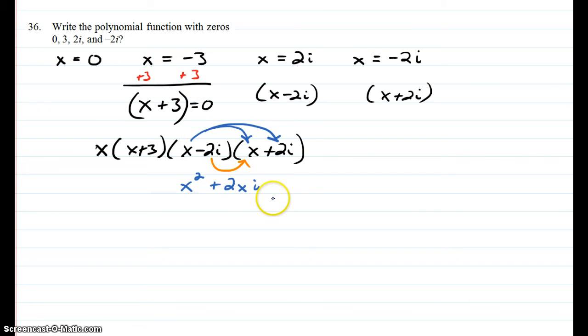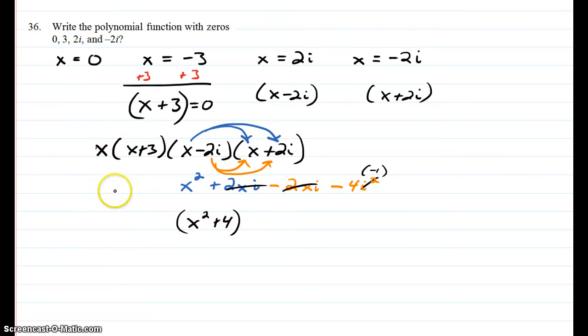So now we're going to have a negative 2xi, then a negative 2i multiplied by 2i gives us a negative 4i squared. And so these are opposites, so they're going to go away. And remember, i squared is negative 1, so this here is going to become a positive 4. And so this multiplies to x squared plus 4.